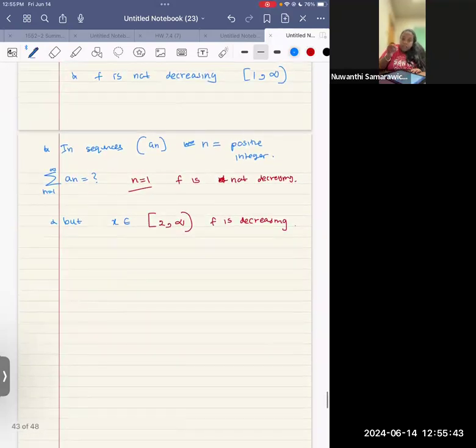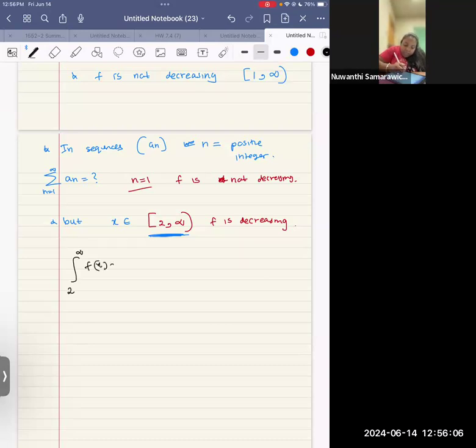So we cannot use the integral test from 1 to infinity. Instead, we have from 2 to infinity, where all these conditions are satisfied. So let's find the integral from 2 to infinity, because then we can use the integral test.